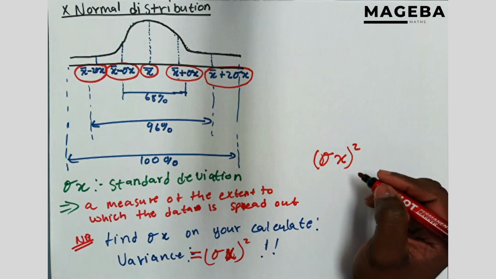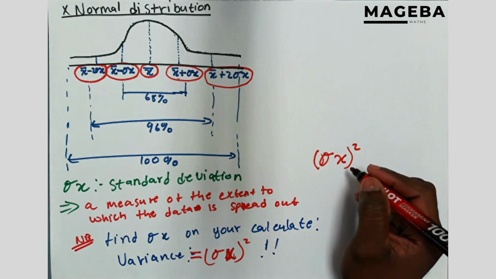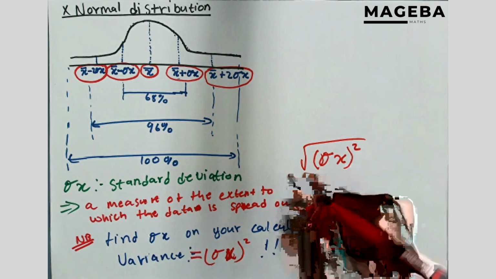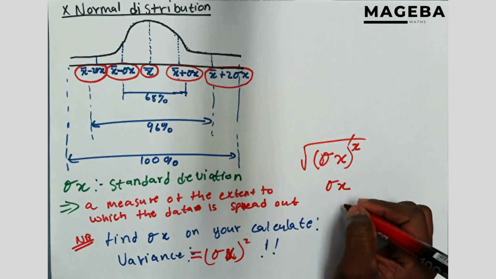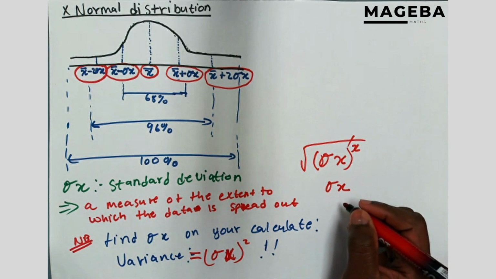But if they give you a variance and say find the standard deviation, you just take the square root, until you are left with the standard deviation. Don't get confused there, guys. Thank you so much.